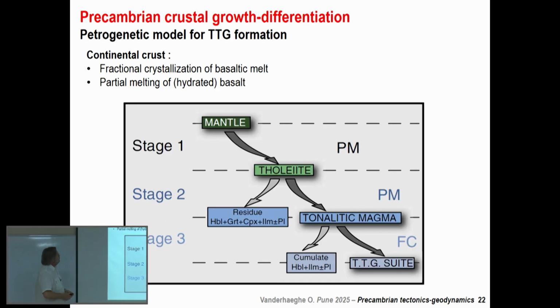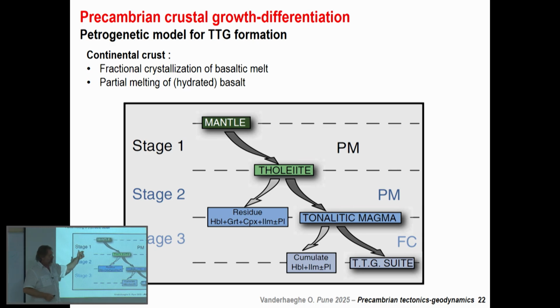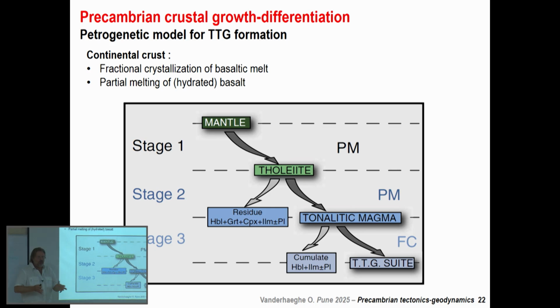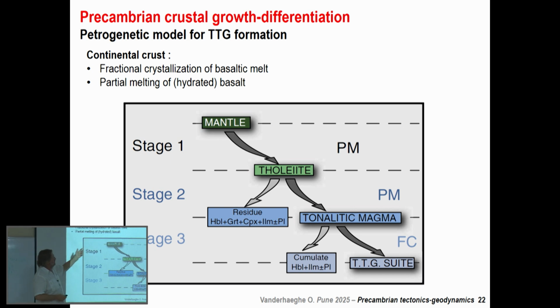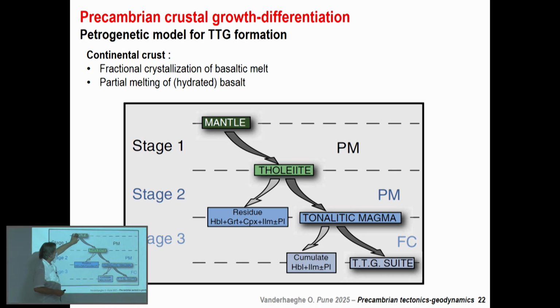So the petrogenetic model for TTG formation, TTG stands for tonalite, trondhjemite, granodiorite, which is the typical composition of these gneisses that I showed in the first picture. It's either fractional crystallization of basaltic melt that itself comes from mantle melting. So it goes directly from mantle to tholeiite and fractional crystallization.